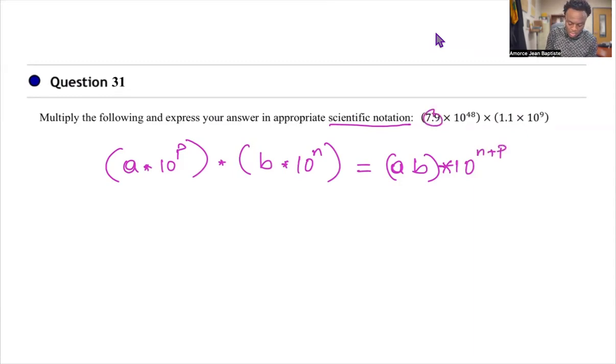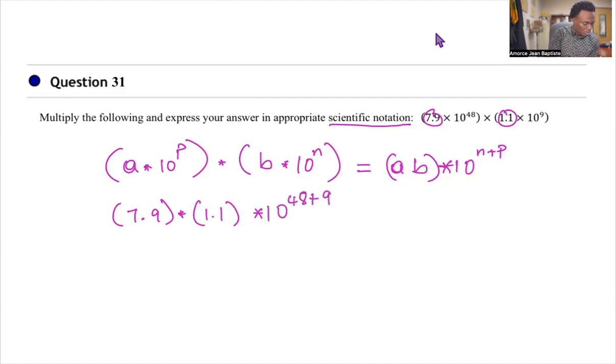So that is 7.9 times 1.1 times 10 exponent 48 plus 9.